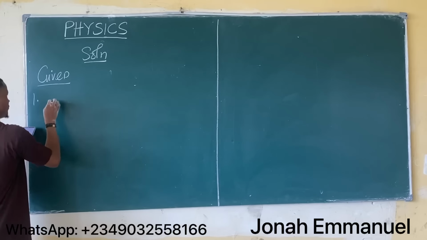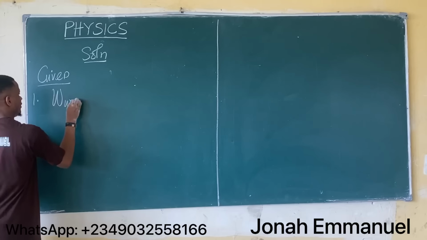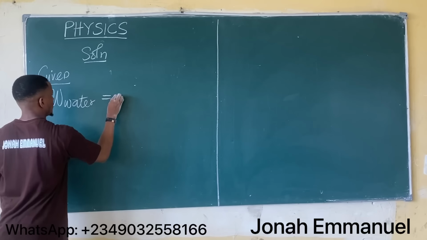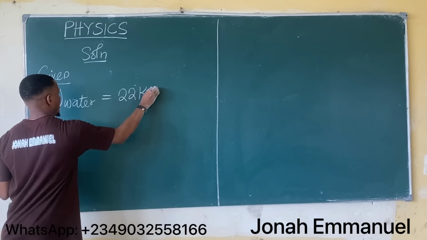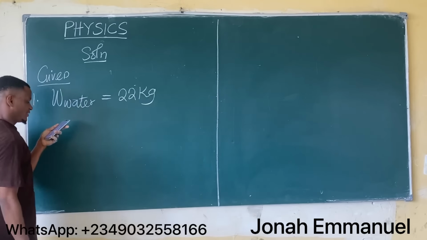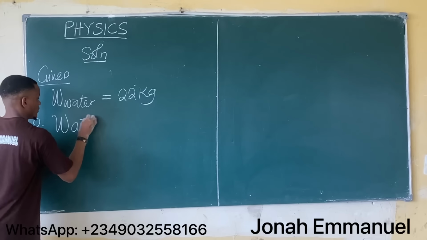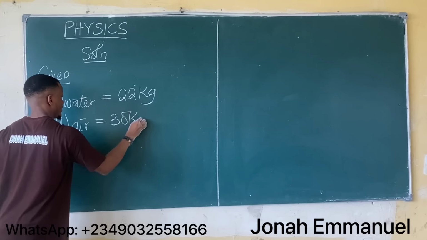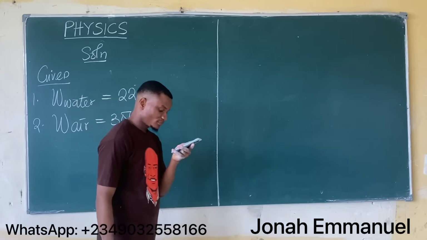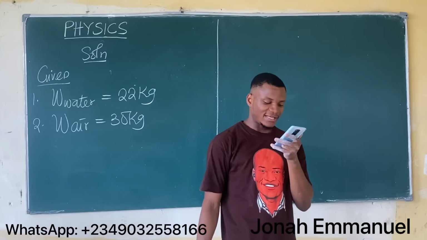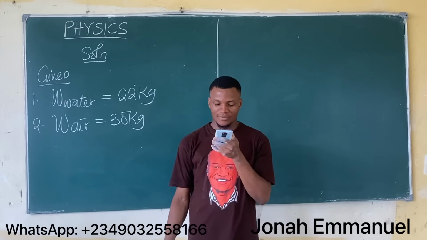So number one, I have weight in water, which is equal to 22 kilogram. And 30 kilograms in air. Weight in air, that's equal to 30 kilograms. What is the upthrust exerted by the liquid on the object?